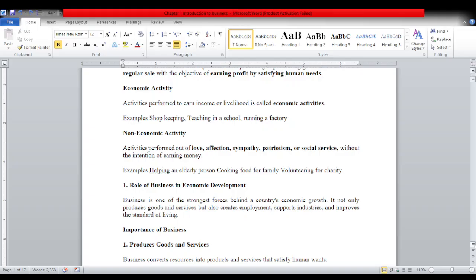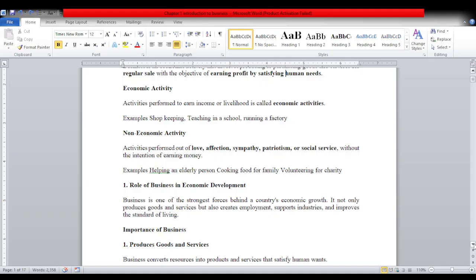Because a person who is cooking food for a family or volunteering for charities does not want money from them, but intentionally produces goods for them so that he can help them with love, affection, and sympathy.